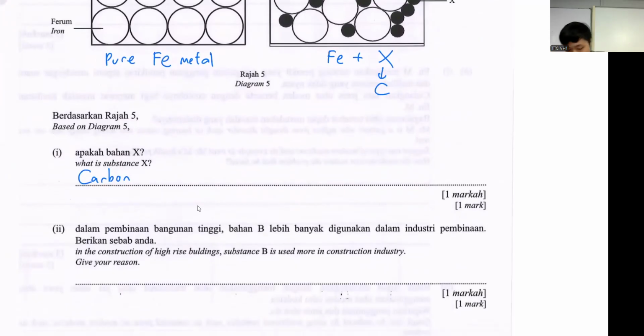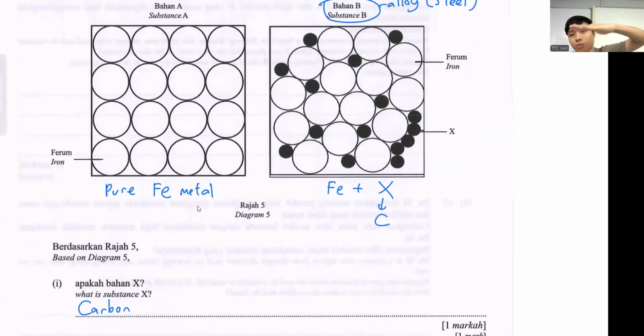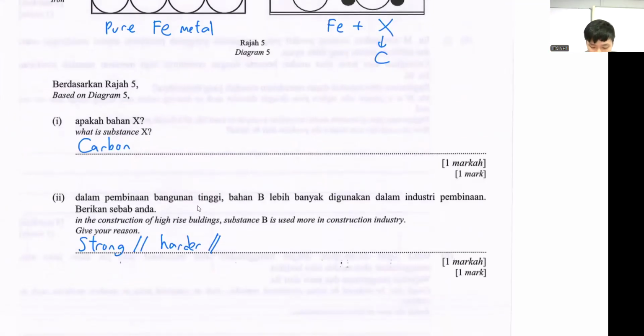So, strong, harder. You just say either one. Alloy, when you hit it, what happens? It won't change shape, which is called malleable. It won't change length.